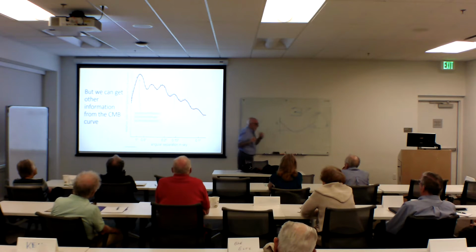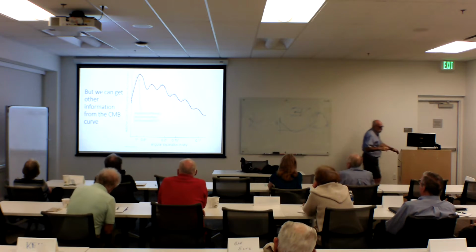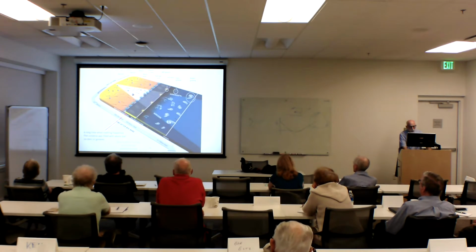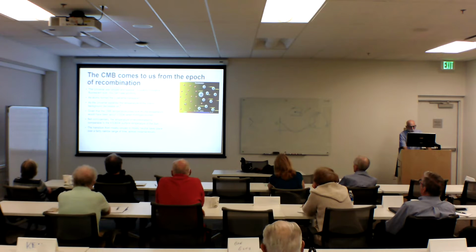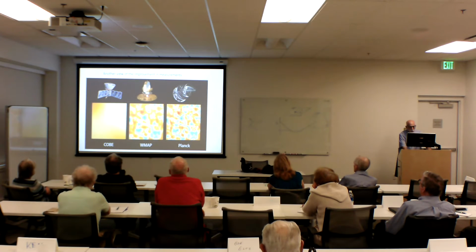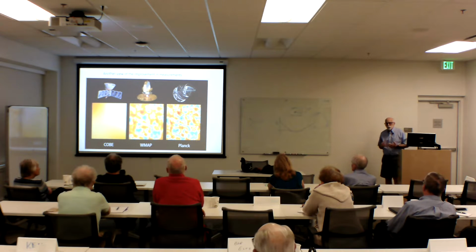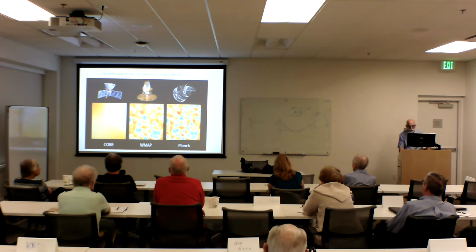So let's go back and look. You can almost do this yourself just by eye. Let's get a nice picture here of the microwave background. Like right here. So you can kind of see, if you wanted to find the spacing of the coldest parts of this image.